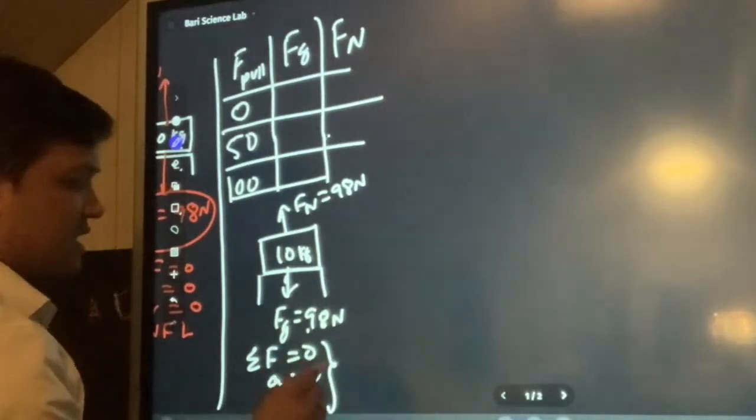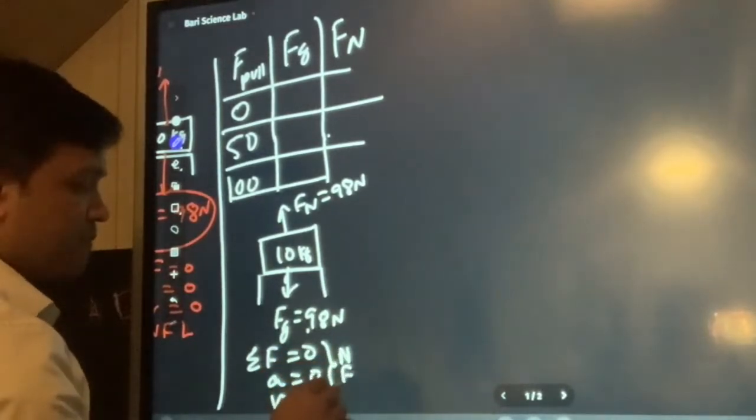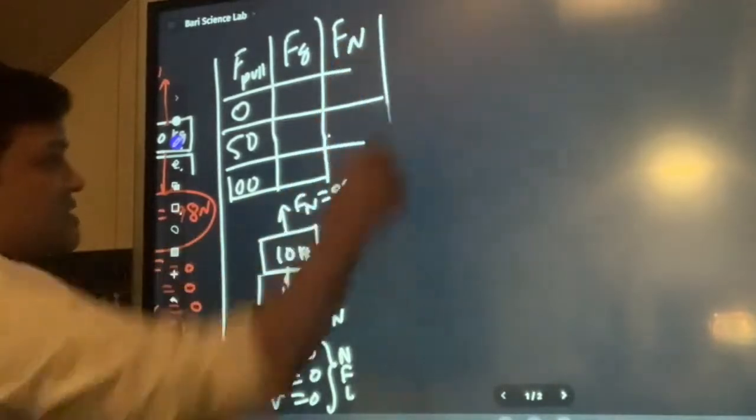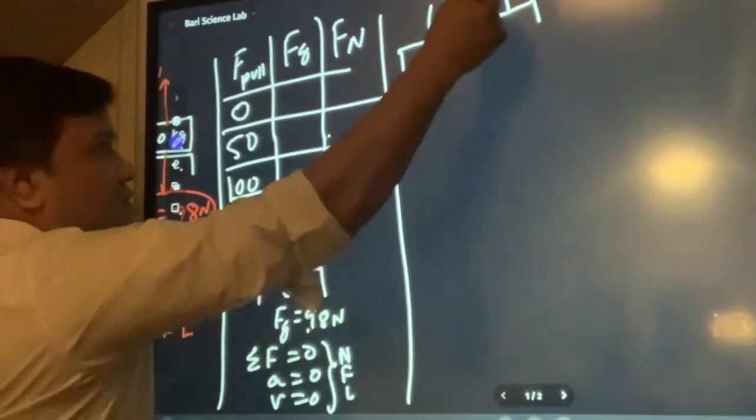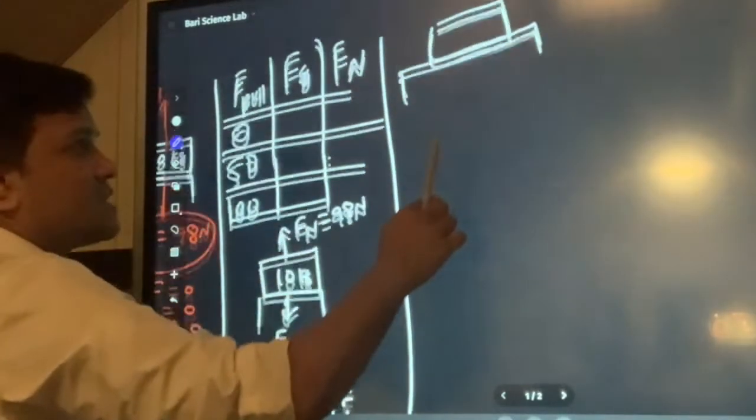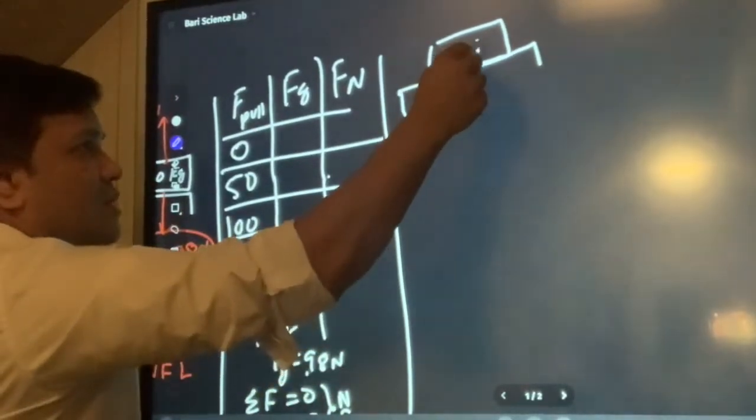So this is the case, Newton's first law. Alright, so now we're gonna change the scenario, and let's see what happens when you change the scenario. So the box here is a 10 kilogram box.